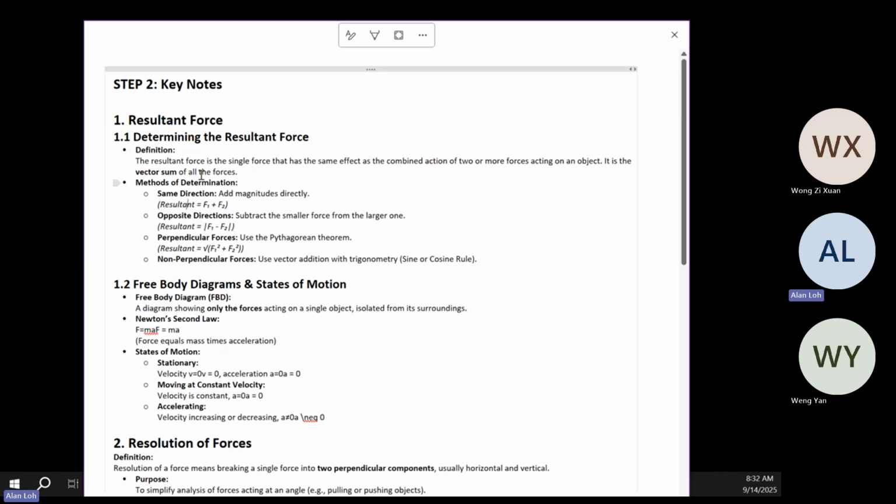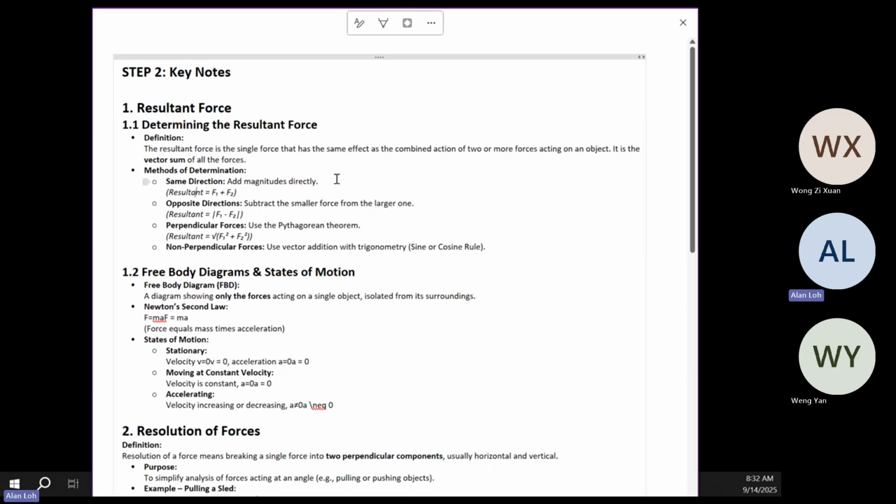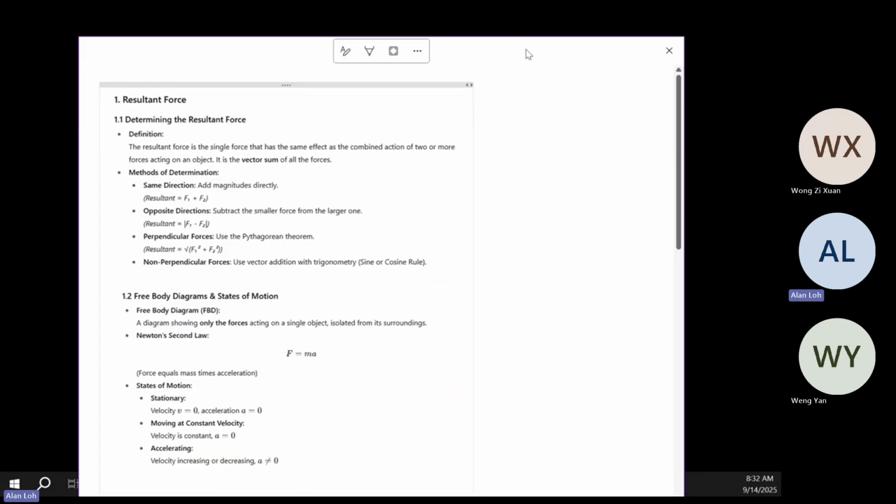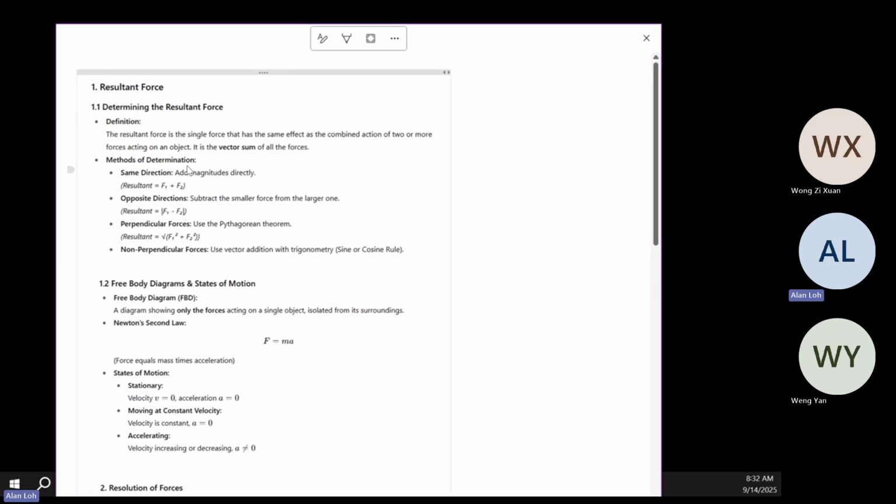Right. For example, 这个东西。等一下，有点乱了，因为太多 notes 了，关掉了。So let's go to drawer number 1.